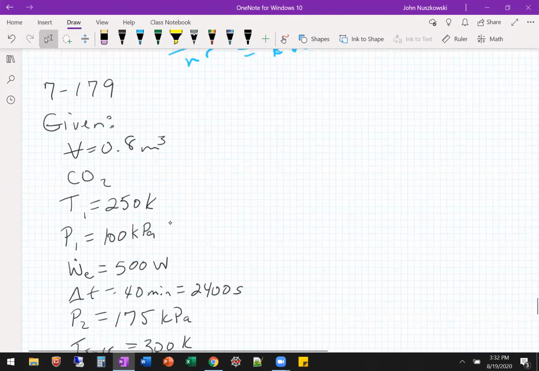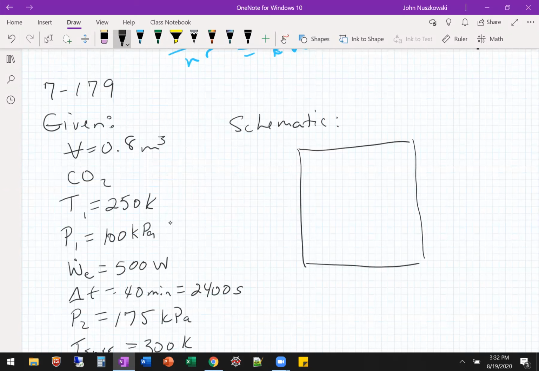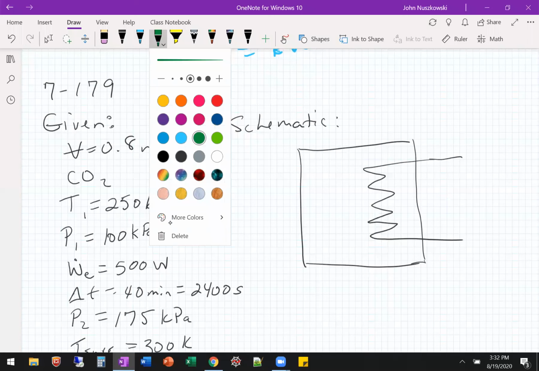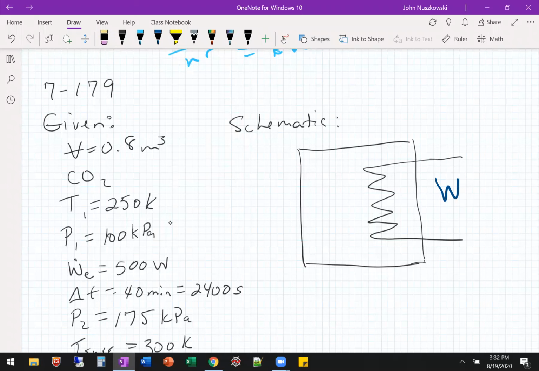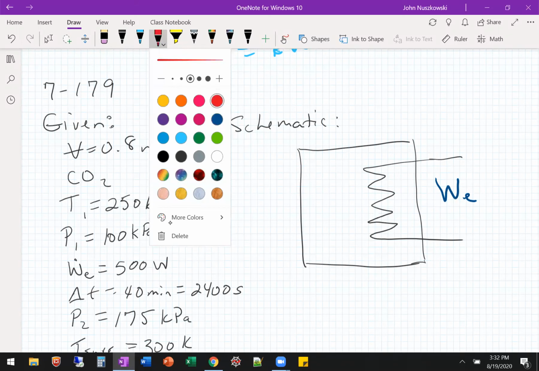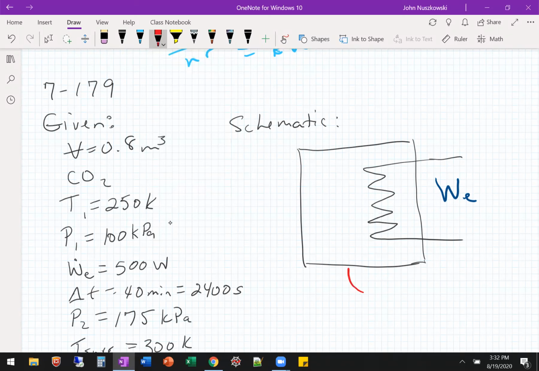Okay, let's draw our schematic. We have some electric power going in. We have some heat transfer occurring.